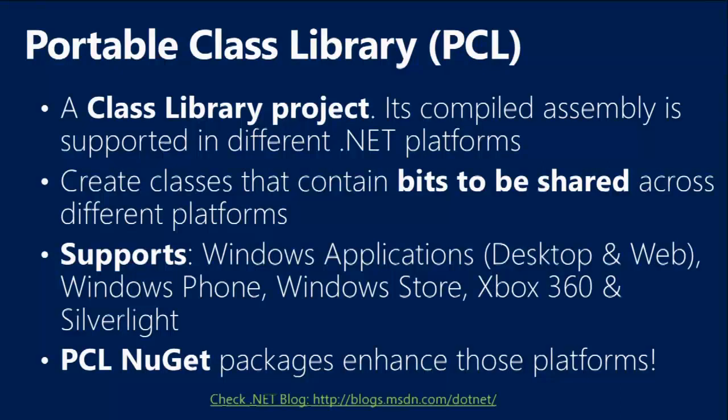But if you use portable class library with the new NuGet packages that you can download and use in your project, then you are enriching the different frameworks. You can use HTTP client now for Windows Phone, or different functionality or features that we have in portable libraries for the other sub-frameworks.